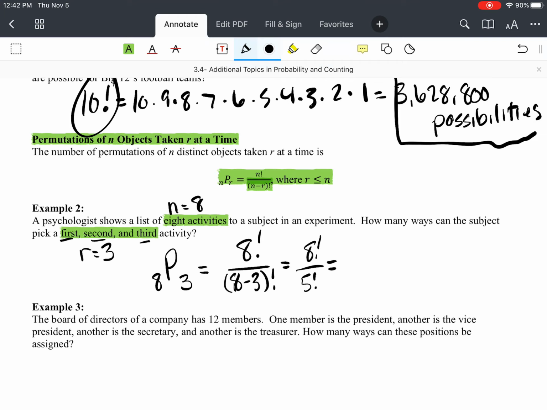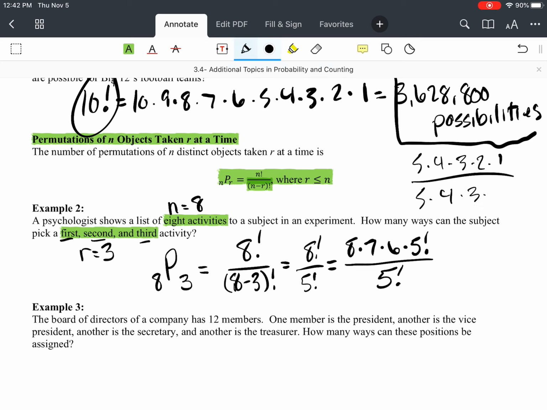To compute this, we can multiply out the top number. Notice that 8 factorial should be bigger than 5 factorial. So I've got 8 times 7 times 6 times, and the last one I'm going to stop at whatever the bottom number is, so times 5 factorial, all over 5 factorial. If I were to actually divide these, 5 factorial is 5 times 4 times 3 times 2 times 1 over 5 times 4 times 3 times 2 times 1.